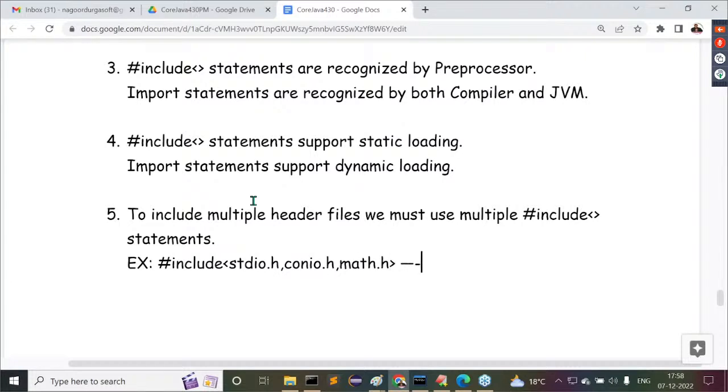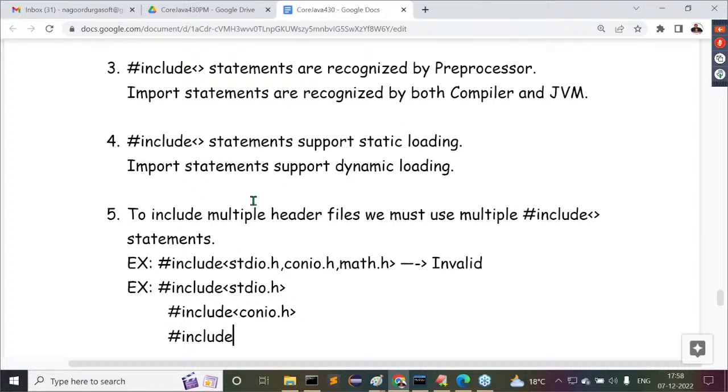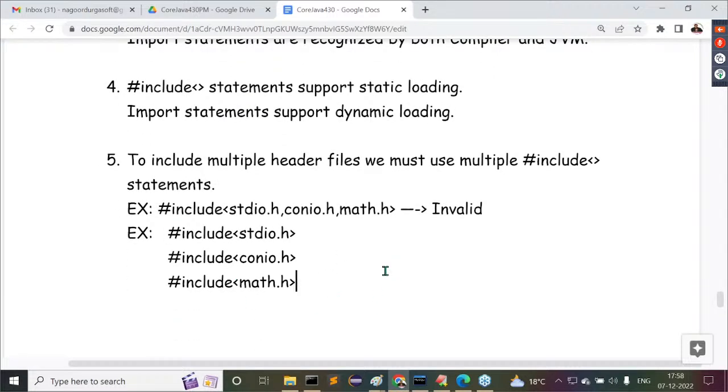This is not possible. Another example: hash include stdio.h, then hash include conio.h, then hash include math.h. These are the valid cases now. Get my point or not?